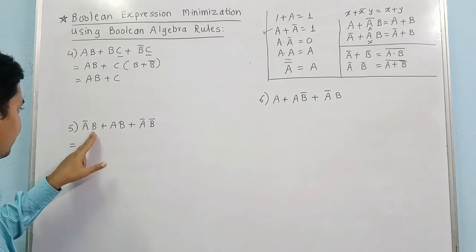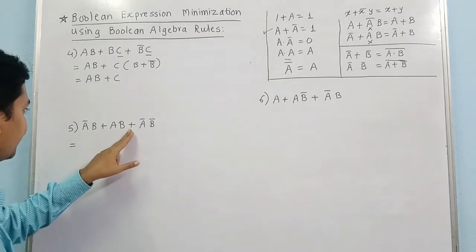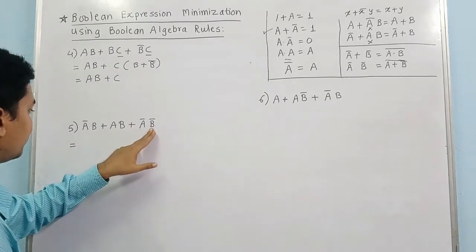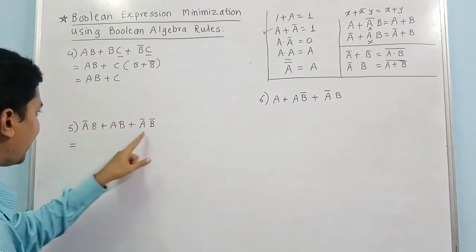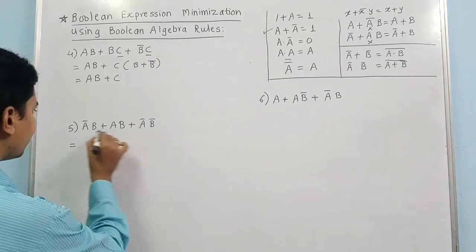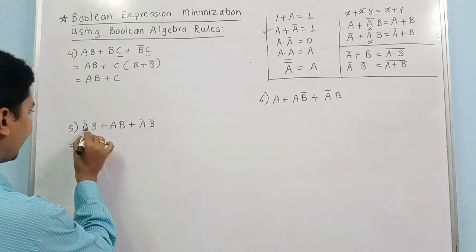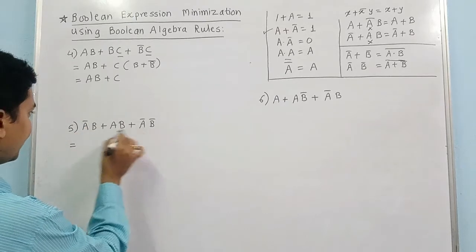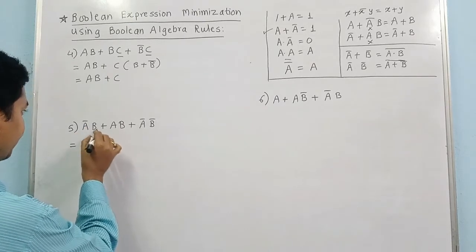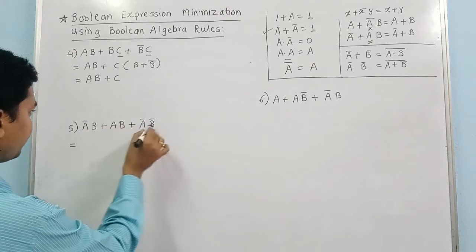a bar b plus ab plus a bar b bar. So just see the first term and the third term. From the first and third term you can take a bar as a common variable, and inside, b plus b bar.